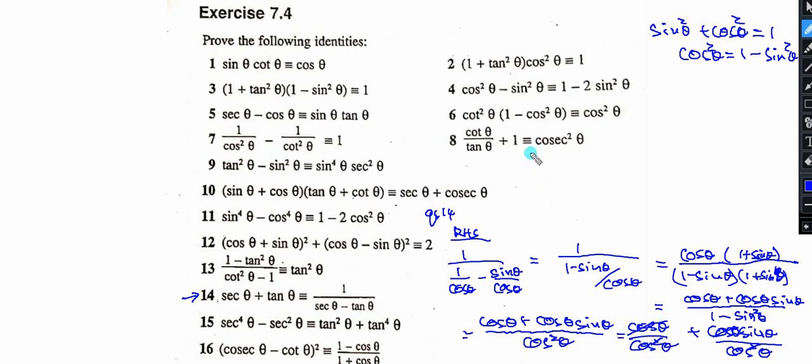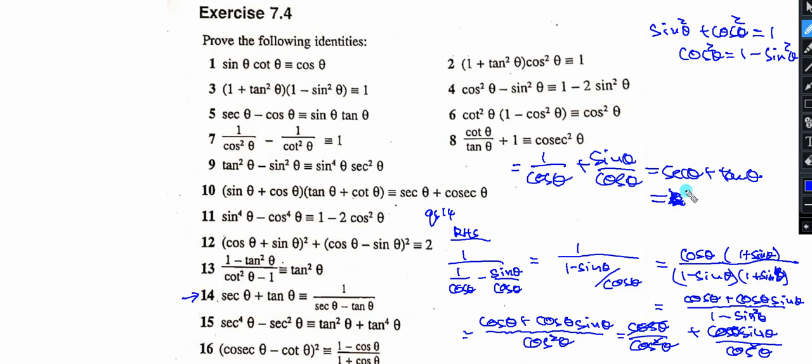So what you have left is 1 over cosine theta plus sine theta over cosine theta. That will give you secant theta plus tangent theta, which is equal to the right hand side. Okay, so therefore it's proven.